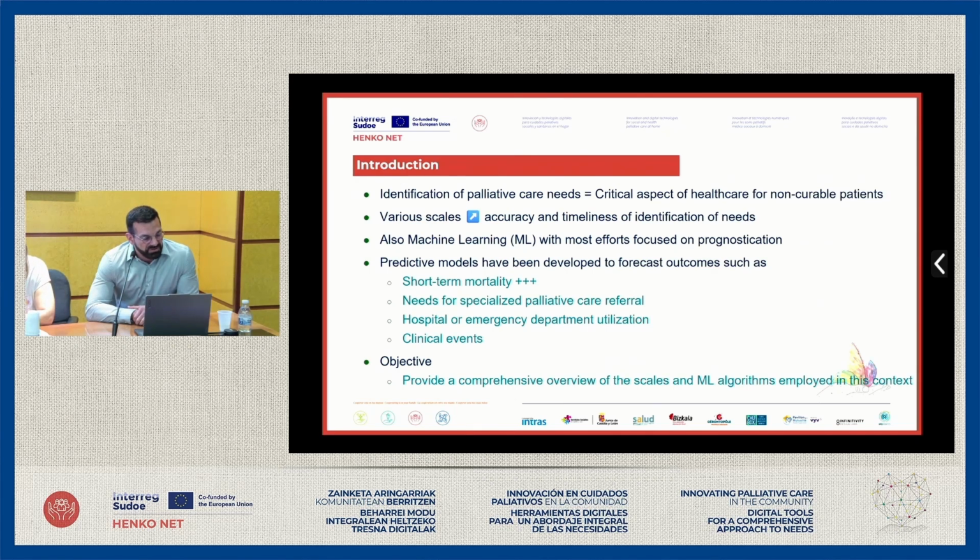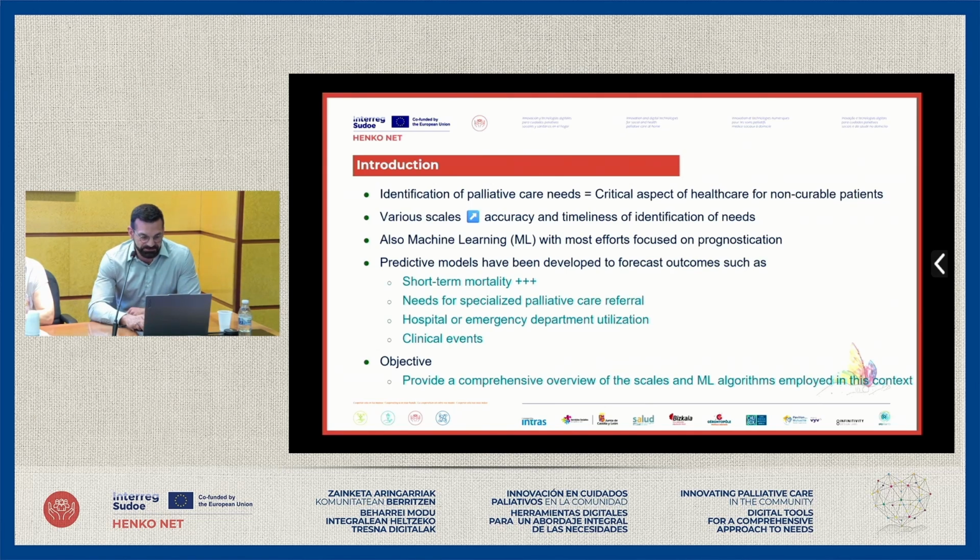So these predictive models have been developed to forecast outcomes such as short-term mortality. Most of them are dedicated to this. But also needs for specialized palliative care referral, or, for example, hospital or emergency department utilization, or clinical events like death or other complications.